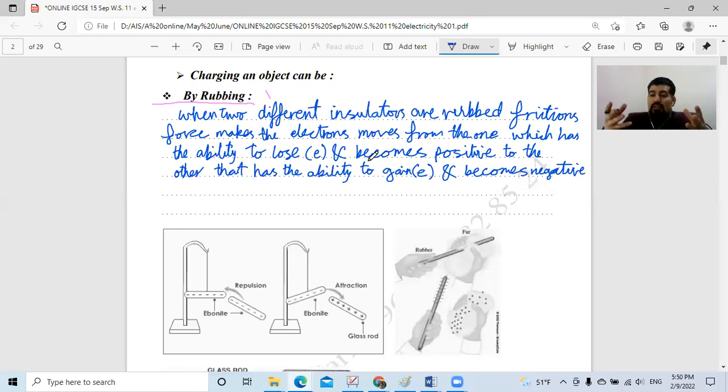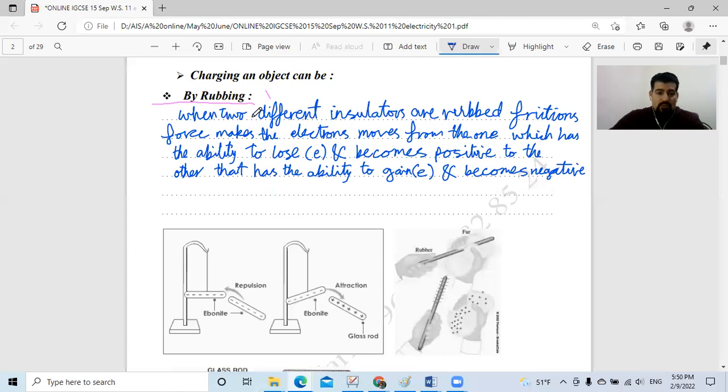Why? Because the first one lost some number of electrons, the other one gained the same number of electrons. And we cannot create electrons or destroy them. So when one object loses electrons, the other one gains them. So we have the same magnitude of charge but opposite sign, one positive and one negative, because positive 5 plus negative 5 is 0. So the resultant charge is supposed to be neutral.